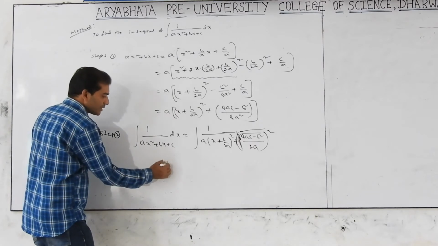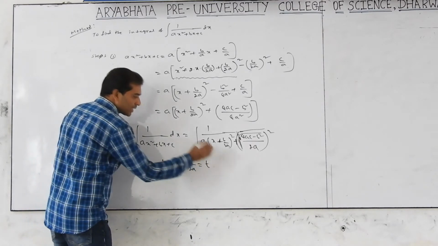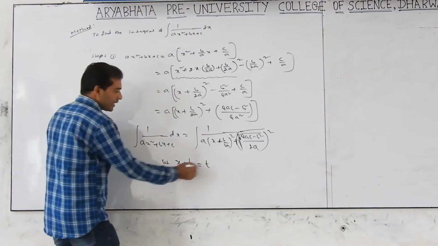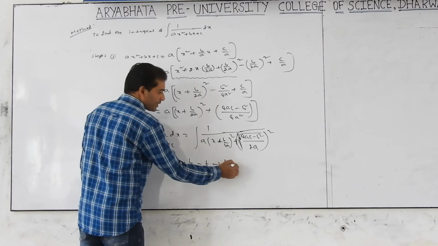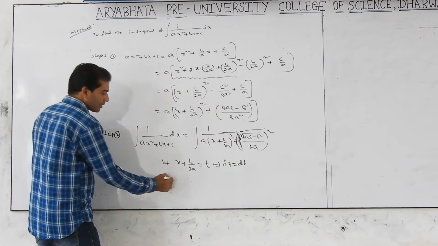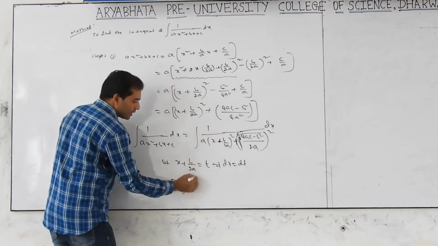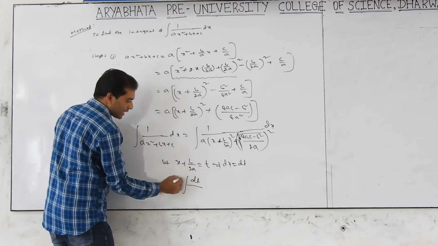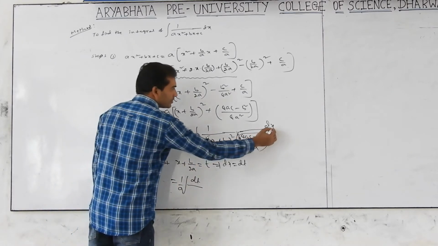Then step 3: let x plus b by 2a equal to t. Then differentiating, dx by dt is 1, so dx equals dt. The a is a constant, so take it out.